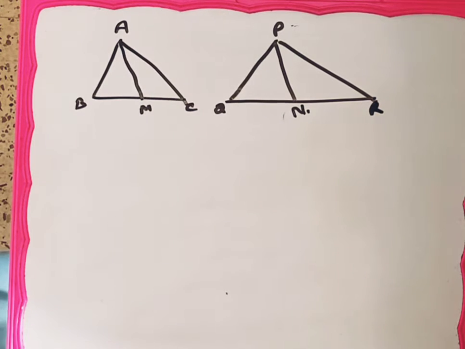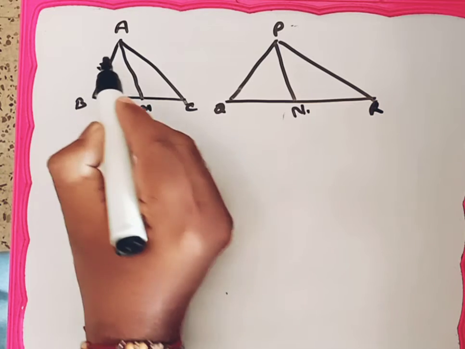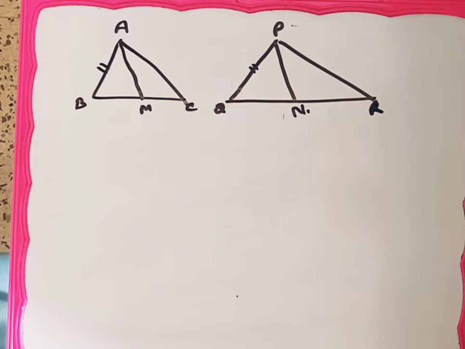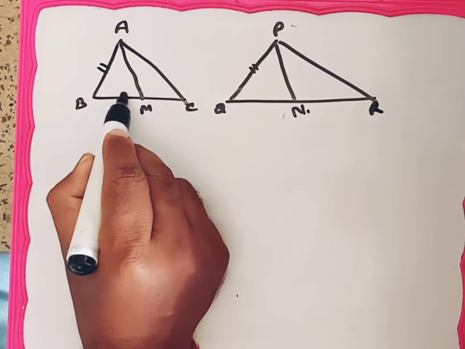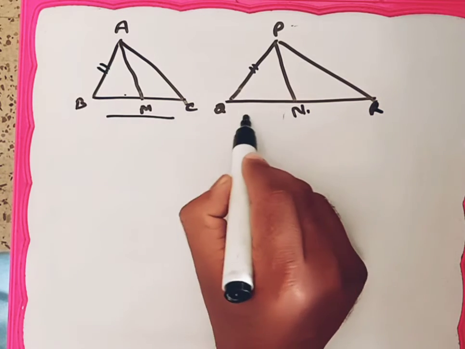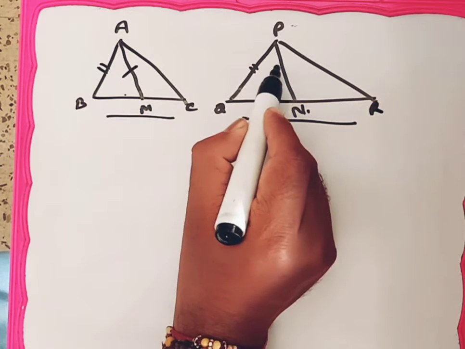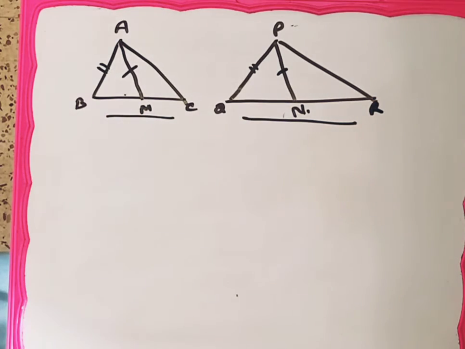Question 3: we have two sides AB and PQ are equal, BC and QR are equal, medians AM and PN are equal.